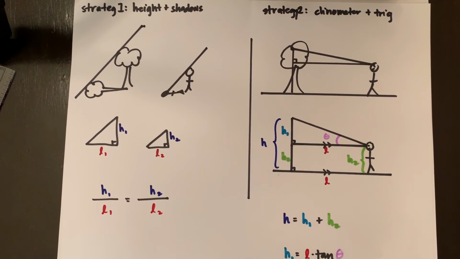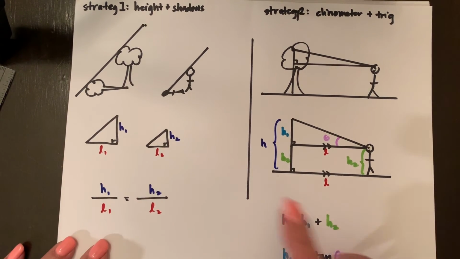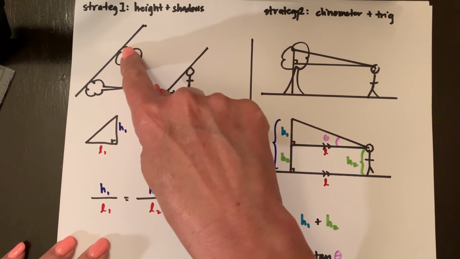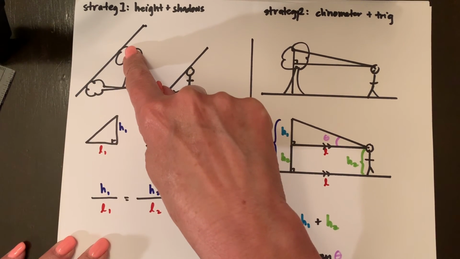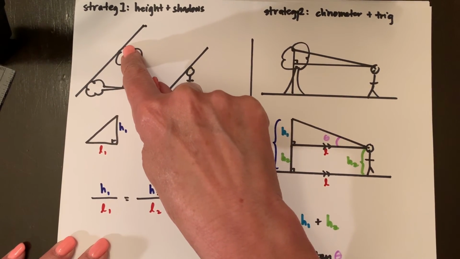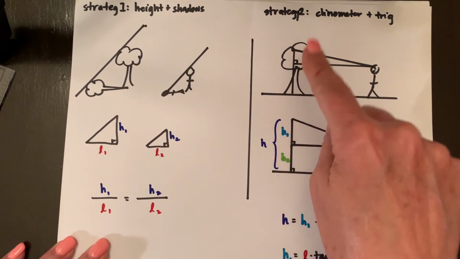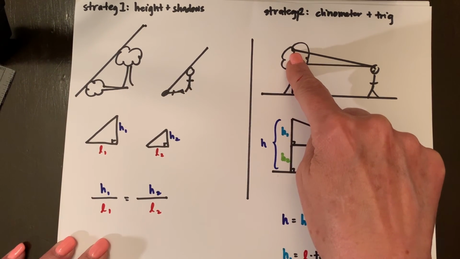Well, there's one thing that we want to keep in mind whenever we are modeling with mathematics, and that's using the mathematics we know to make sense of the world around us. Modeling with mathematics is always messy because it's based on different assumptions that we make and data that we collect. So with strategy one, we're looking for the shadow of that highest branch. How does that highest branch relate to the orange that we found the height of in strategy two?